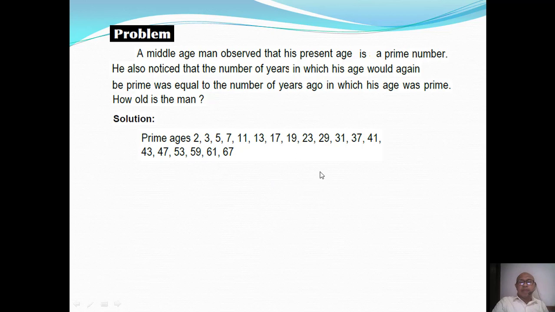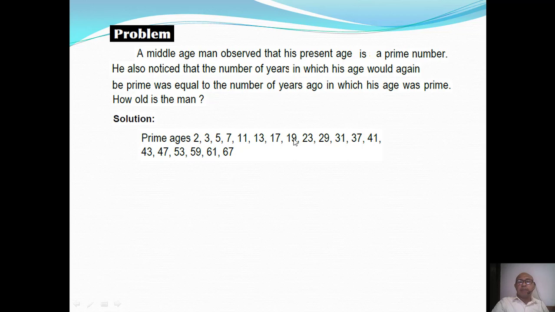So, meaning, we will look for a prime number in which the preceding prime number and the succeeding prime number have an equal number of years. For example, if we have 19 and 17, we have here 2 years.